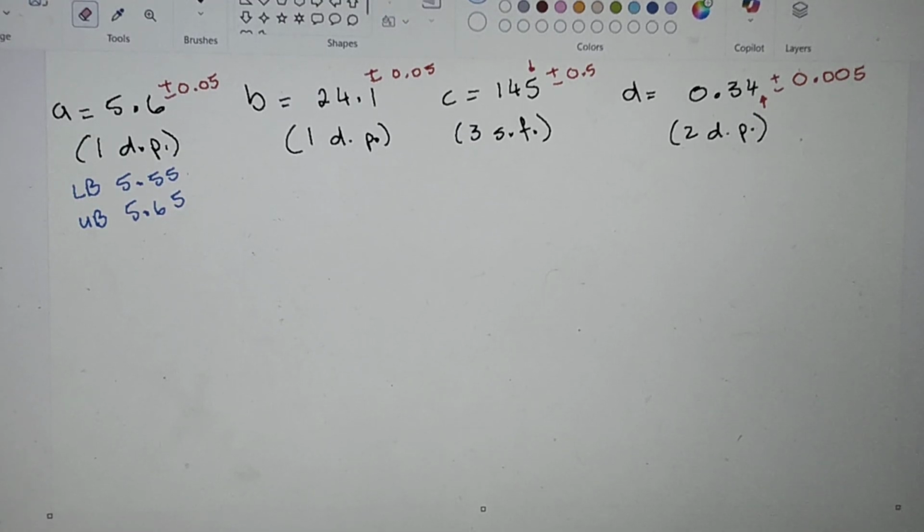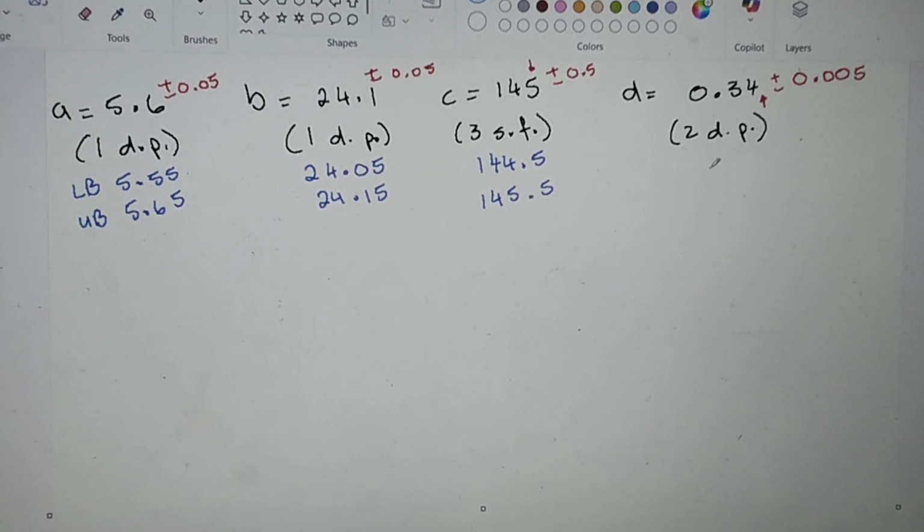Going on to then B, I'm going to get 24.05 if I subtract 0.05, and 24.15 if I add 0.05. For three significant figures, I'm going to get 144.5 and 145.5 by subtracting or adding my 0.5.